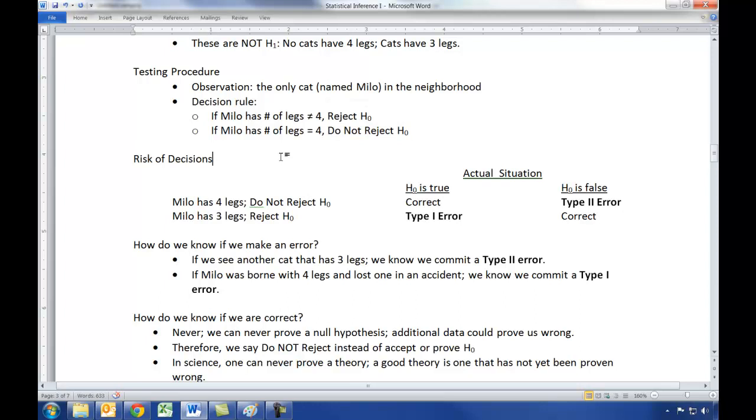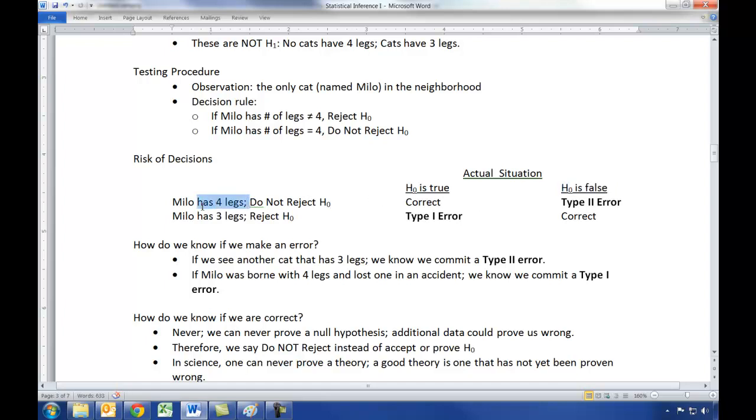Now let's look at what the risks are associated with this decision rule. Remember, we are trying to infer the actual situation by making observations on Milo. The actual situation will be either H null is true, meaning all cats have 4 legs, or H null is false, meaning not all cats have 4 legs.